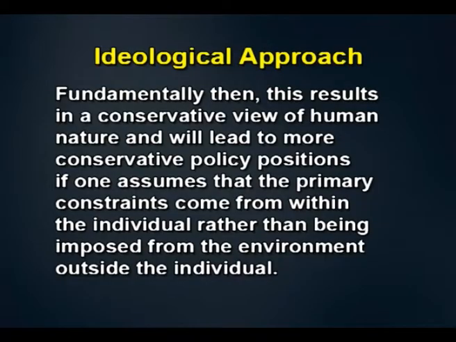This results in a conservative view of human nature and will lead to more conservative policy positions if one assumes that the primary constraints come from within the individual rather than being imposed from the environment outside the individual.